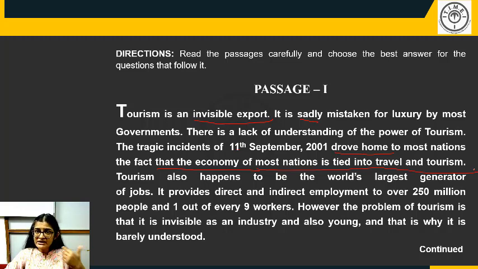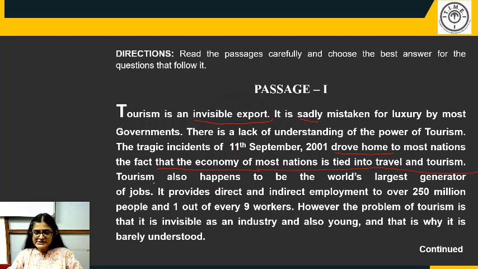People were reluctant to travel for a while, and from this passage we can infer that this decline in tourism affected the economy of most nations. That is why they are saying that these incidents made it clear to the world that travel and tourism are very important for the economy of countries.